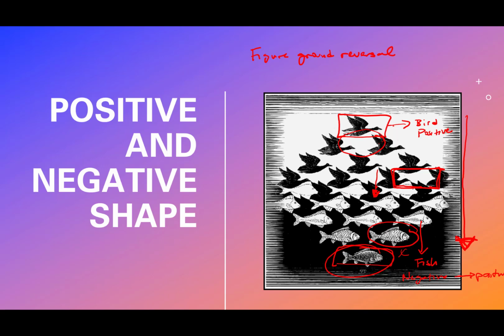But then the bird goes away, where all you see is the outline of the bird, which is even harder to see than the outline of the fish, because the black is in the background with the negative shape standing out.